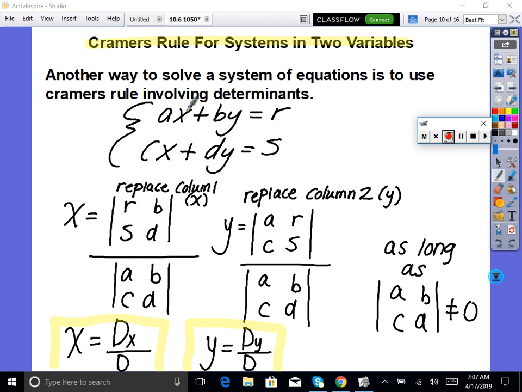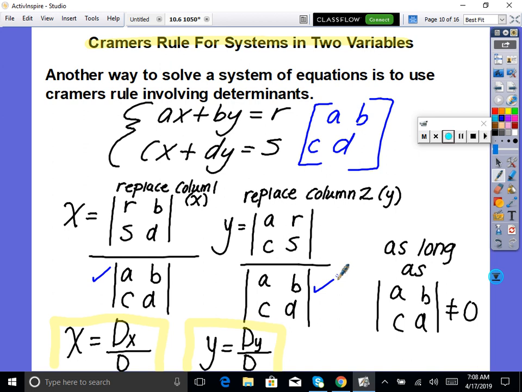So if I was to put this in matrix form, everybody, this would be matrix A, B, C, D, right? On the left-hand side. So if I said to you find that determinant, it would look like this, the straight lines. So what we do is we basically put our determinant on bottom, the determinant of the original on bottom.